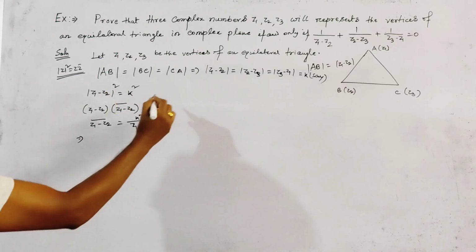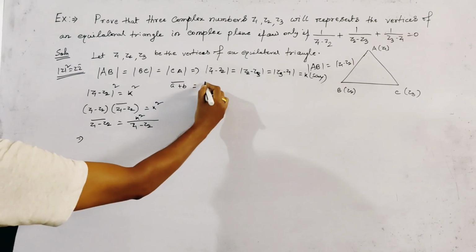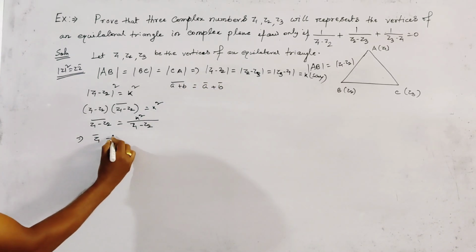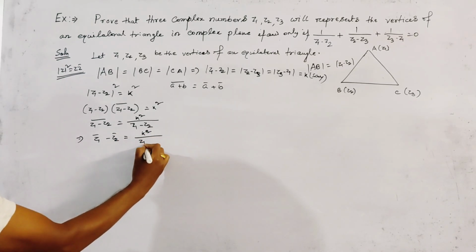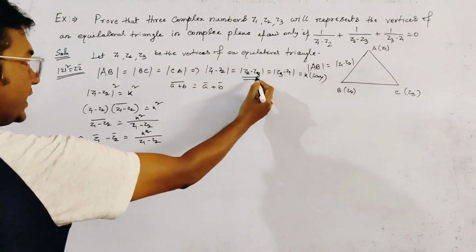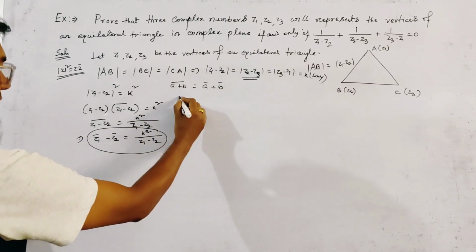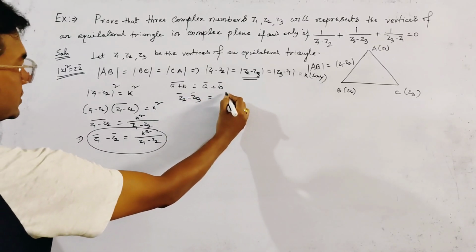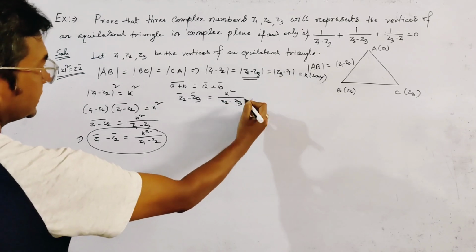We get Z1 minus Z2 whole bar equal to K square by Z1 minus Z2. And we know that for two complex numbers, A plus B whole bar is equal to A bar plus B bar. So we write Z1 bar minus Z2 bar equal to K square by Z1 minus Z2. Similarly, from the second relation, Z2 bar minus Z3 bar is equal to K square by Z2 minus Z3.